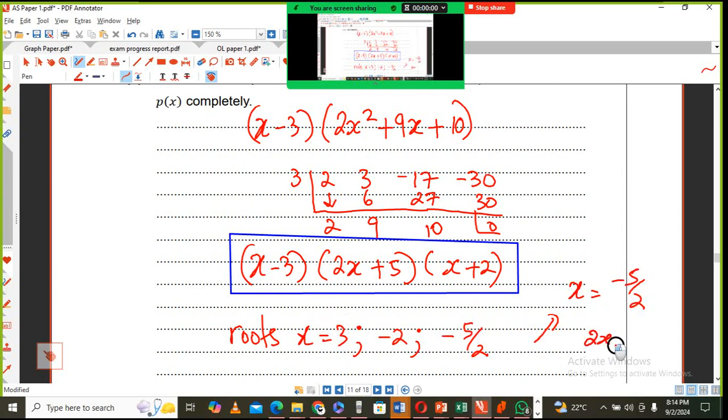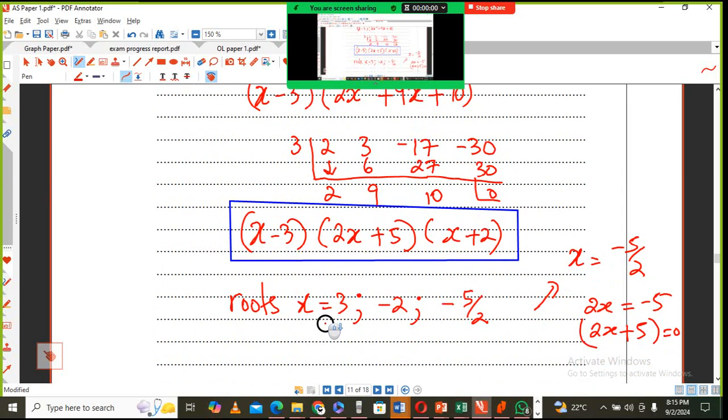Then you move back: if x equals minus 5 over 2, you multiply by 2 and bring that over, and then you have your factors. But if you do not have the calculator, you have to use long division or identities.